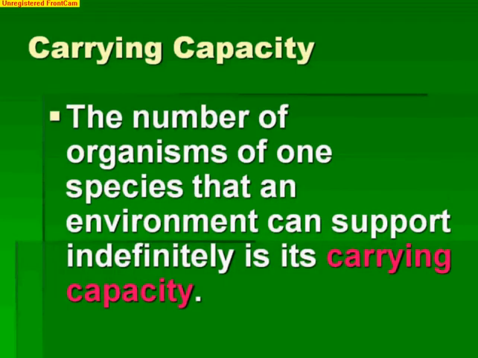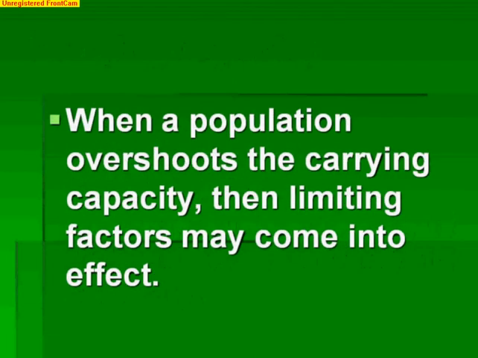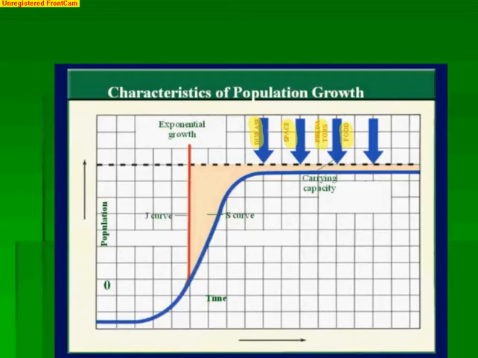The number of organisms of one species that an environment can support indefinitely is defined as its carrying capacity. Carrying capacity is unique per population. We'll go back to the graph. So this could be, like I said earlier, the housefly population.